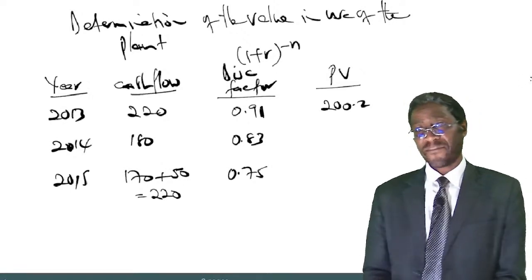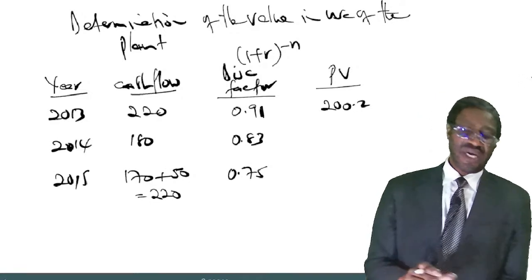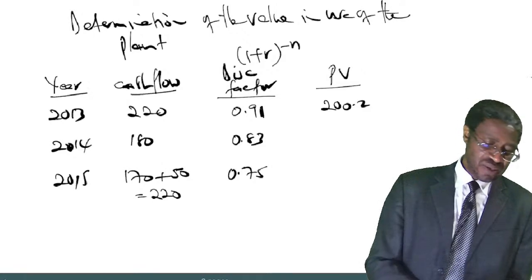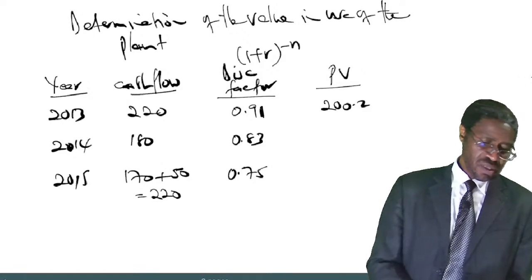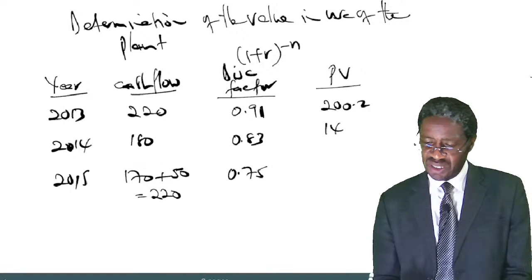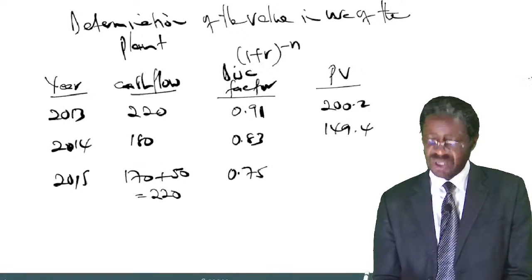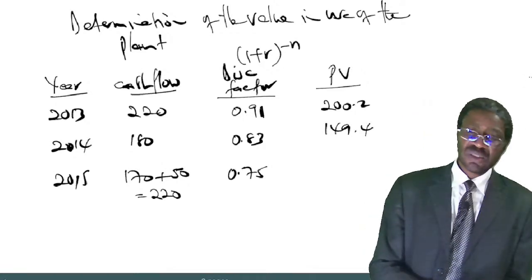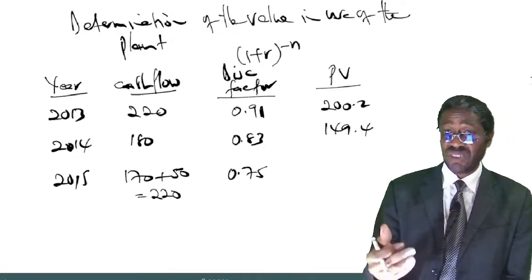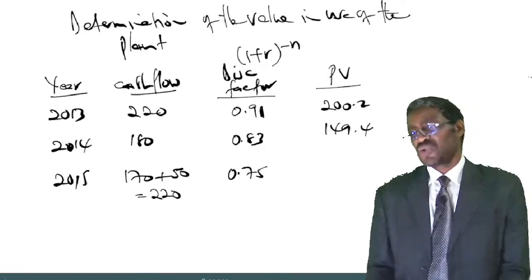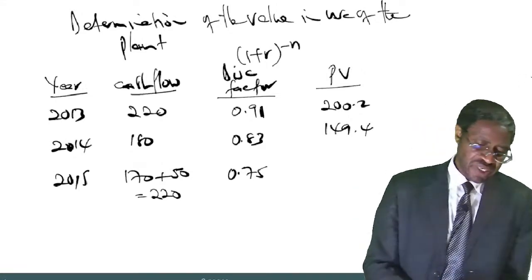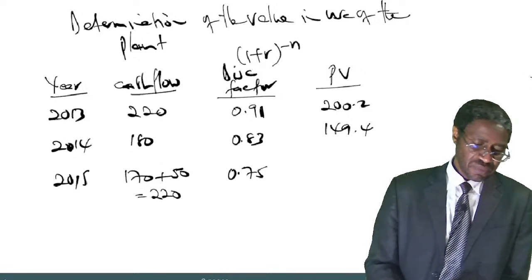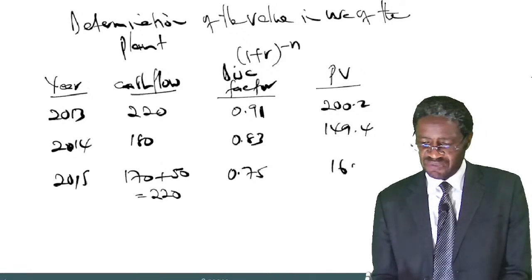Next one, I take that 180, multiply by 0.83. I'm getting 149.4. Then I do the last one. Instead of discounting them one by one, I just discount together because the factor is the same. So let me take 220, multiply that by 0.75, and that gives me 165.